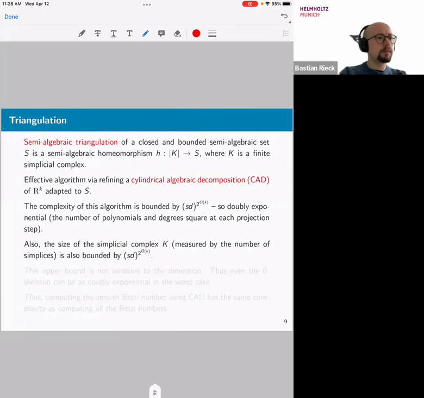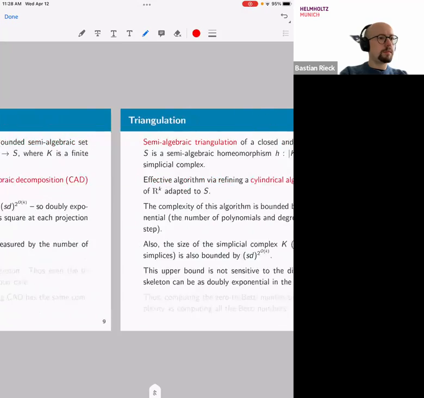And even worse, if you are interested in only the number of connected components or some small dimensional homology, so you produce a triangulation and you're only interested in the first few Betti numbers, which just depend on the low dimensional skeleton of the triangulation, this upper bound is not sensitive to the dimension.